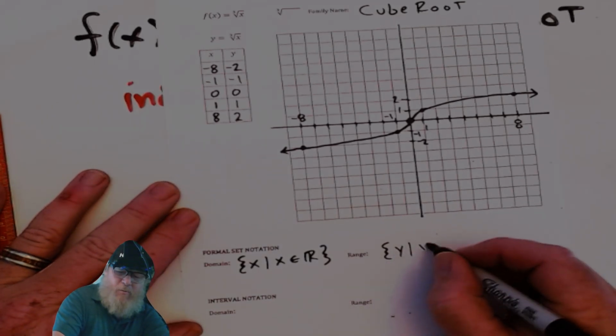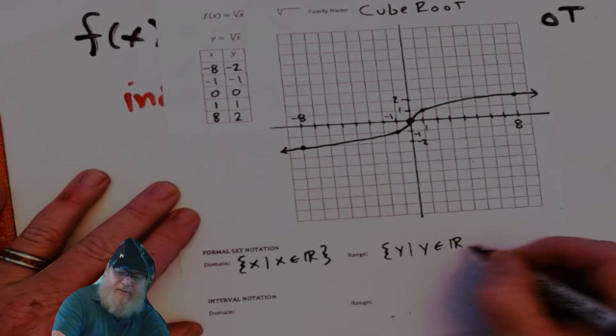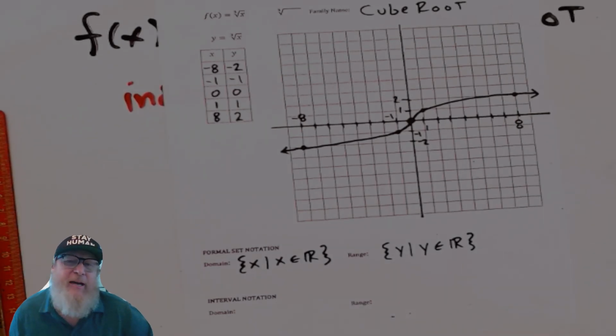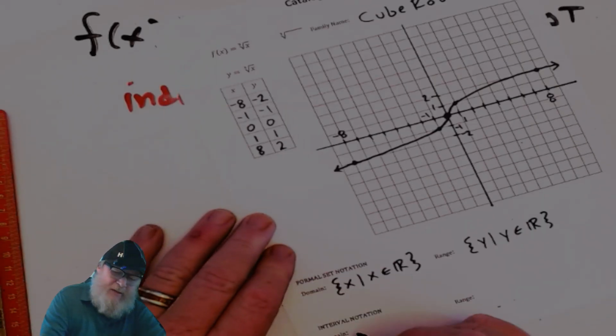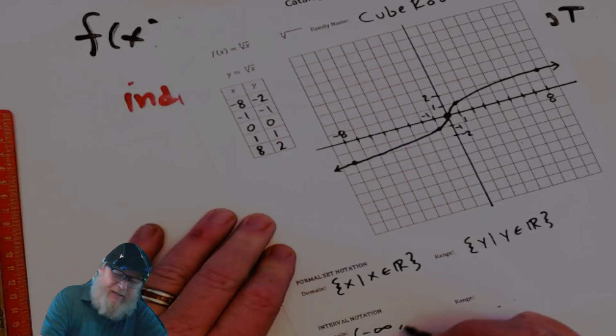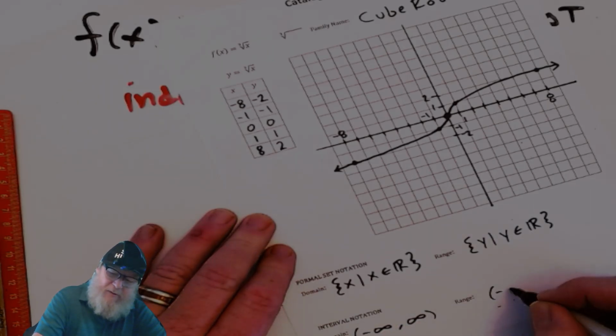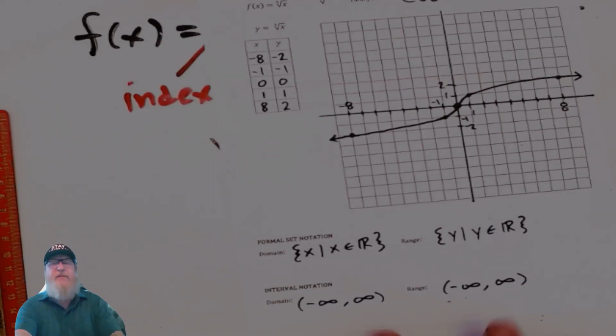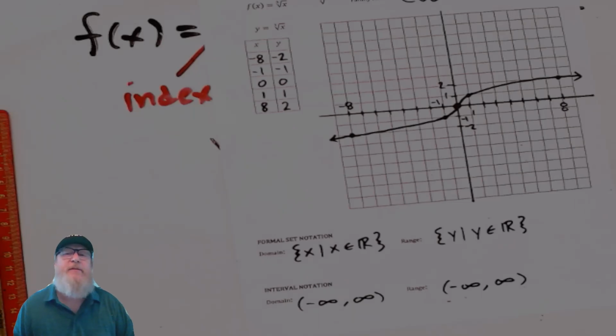Range: the set of all y such that y is an element of the real numbers. Free answer. Again, free if you know it, right? If you don't know it, well, then nothing's free. And then for the interval notation, negative infinity, comma, infinity with open parentheses, or simply parentheses.